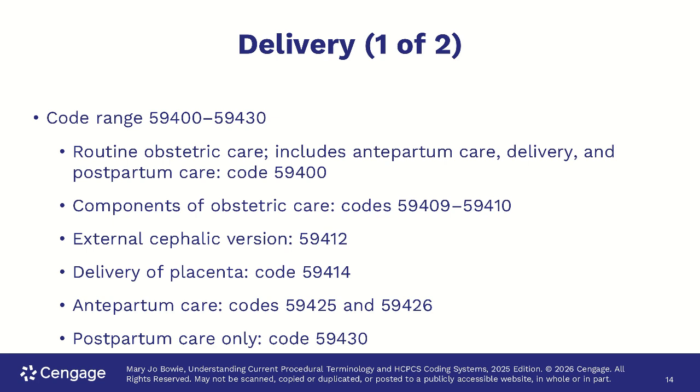But then the other thing that I really want to call out, and hopefully you have your CPT manual in front of you, is that you first are presented with codes where the patient has a vaginal delivery, and those start with 59400. Then when you get to 59510, you have codes for that package or separated, but in this case, the patient has a cesarean delivery.